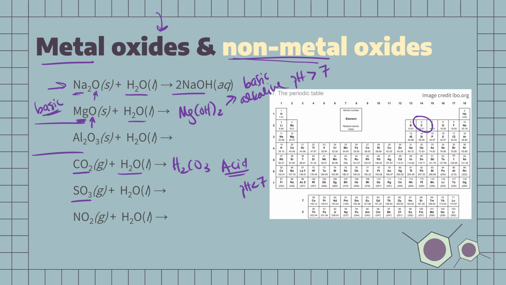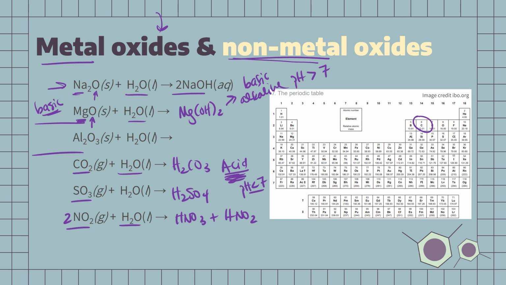SO3, sulfur trioxide, and water react to make H2SO4, sulfuric acid. NO2, another non-metal oxide, when reacting with water, is going to give us a little bit of nitric acid and also a little bit of nitrous acid. Lots more acid, pHs of less than 7.